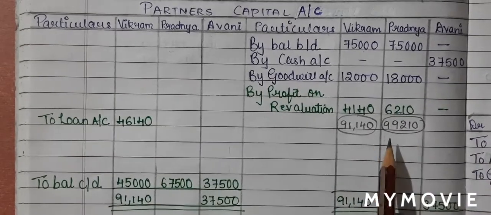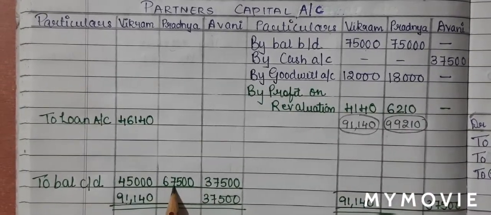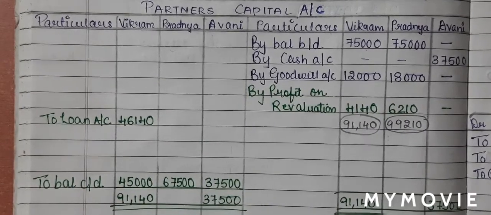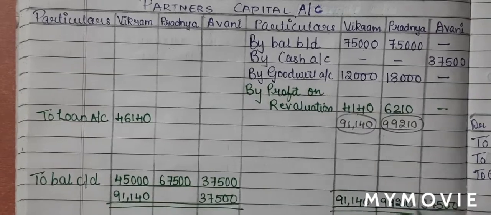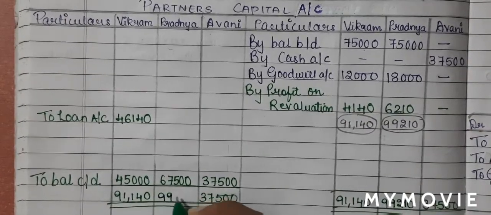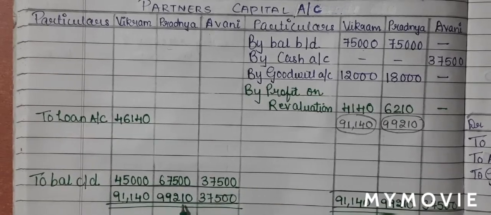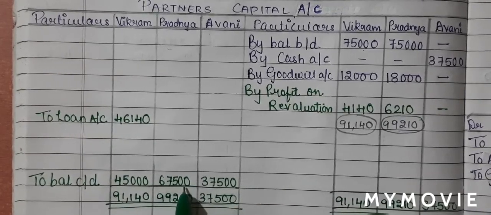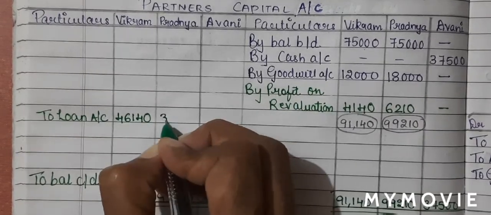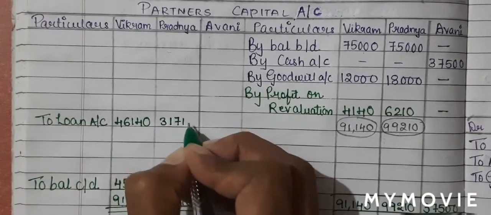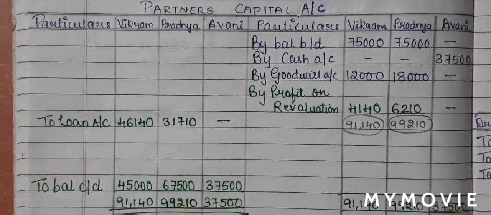Now if you compare 99,210 and 67,500, I'll write bigger total on both the side. 99,210 will be written on both the side. From 99,210, I will minus 67,500. So I'll get a balance of 31,710. Avni has no loan account to be adjusted because she is a new partner.